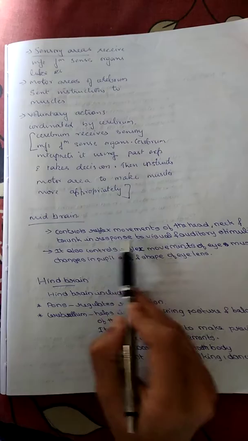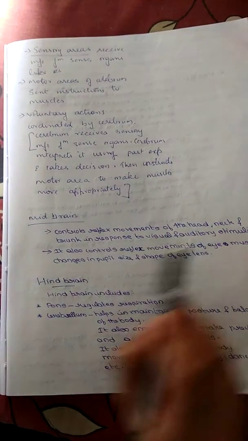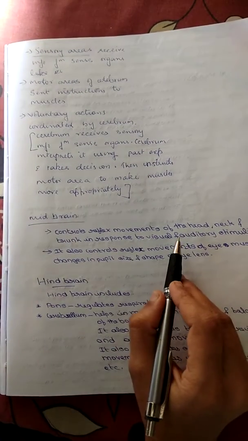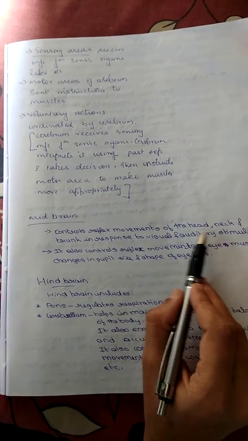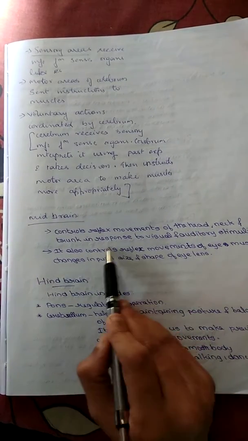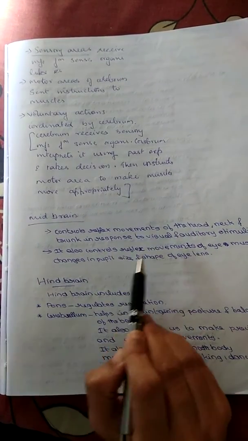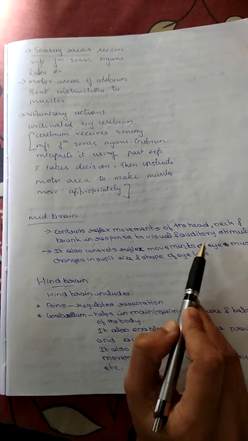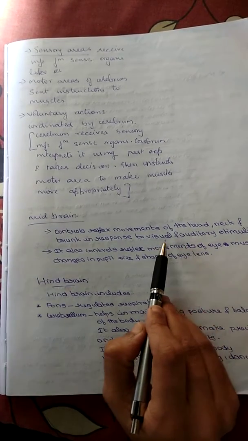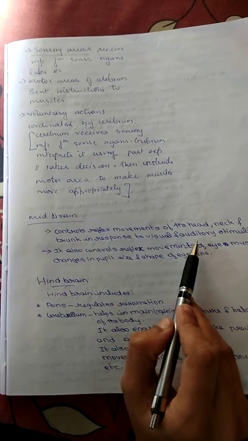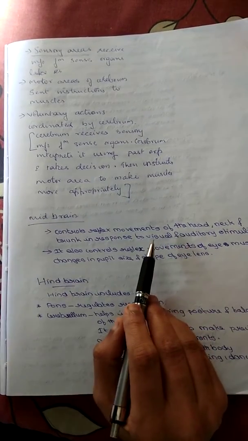So the midbrain controls reflex movements of the head, neck, and trunk. There are a lot of reflex movements associated with the head, neck, tongue, and so on, such as visual reflexes and auditory responses to visual and auditory stimuli.